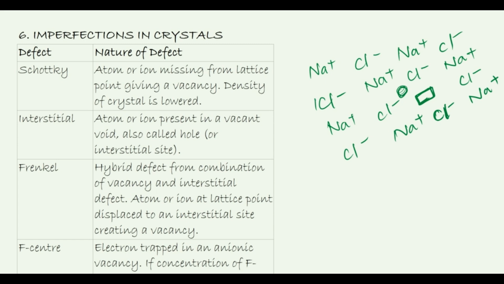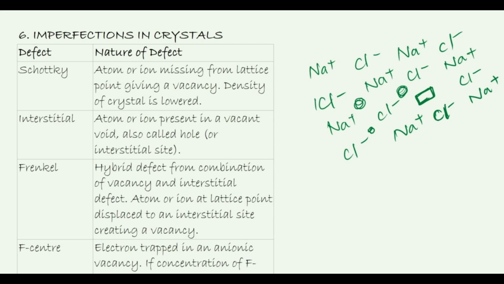In case of Frenkel, it's a combination of both. The atom is displaced from its position to the interstitial site. Interstitial site is nothing but the empty space between the ions. Here, these are the interstitial sites. Okay, that is Frenkel defect.